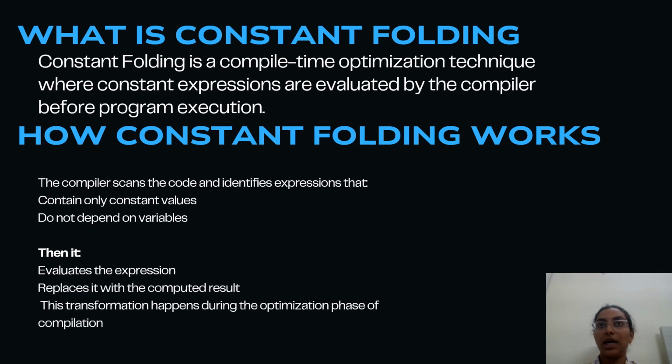That means it computes at compilation time rather than at runtime. So instead of performing the calculation again and again during execution, the result is already available. This reduces unnecessary computation during runtime, making the program faster and more efficient.